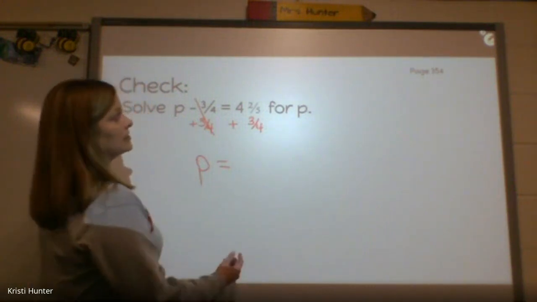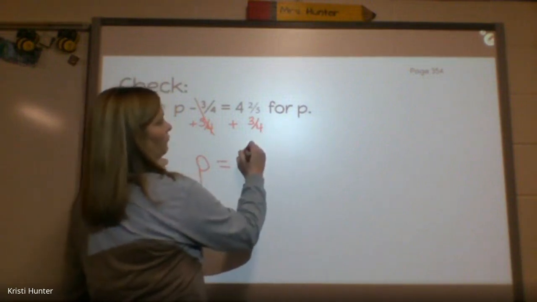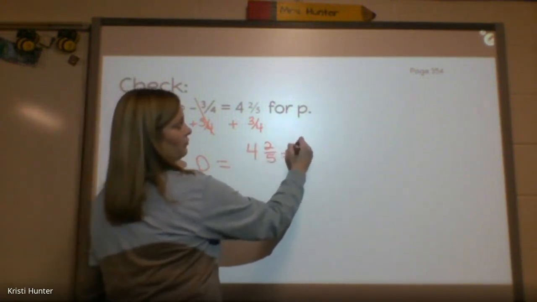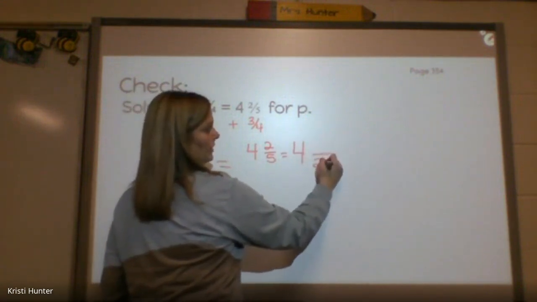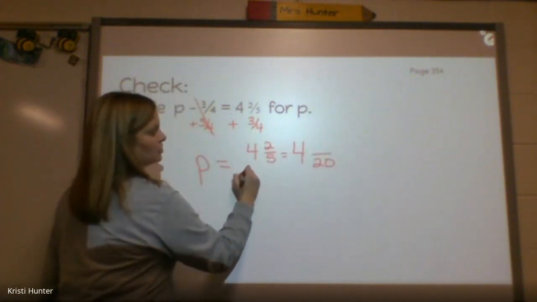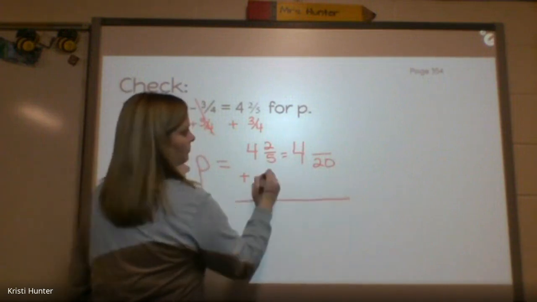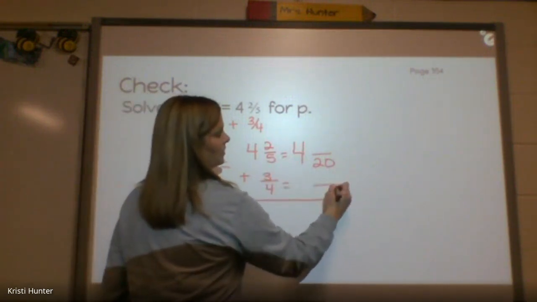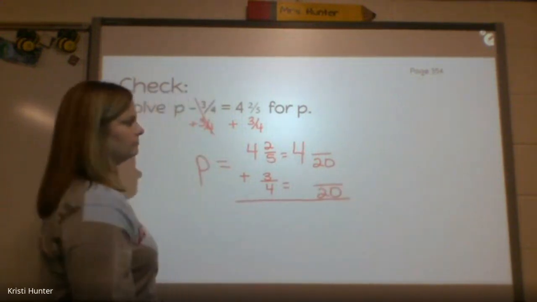So I am going to change 4 2/5 into 4 and something over 20, and I'm going to change plus 3/4 into something over 20.